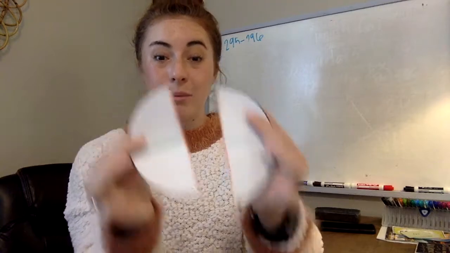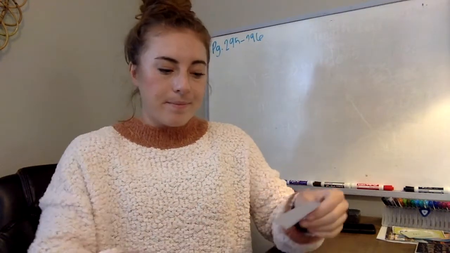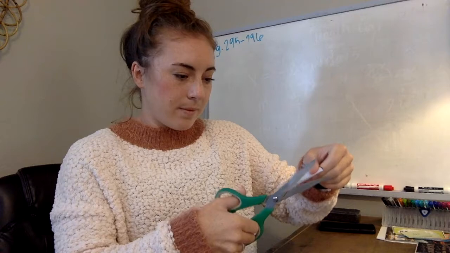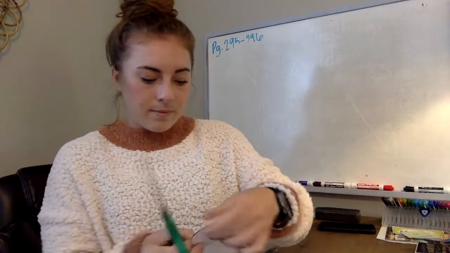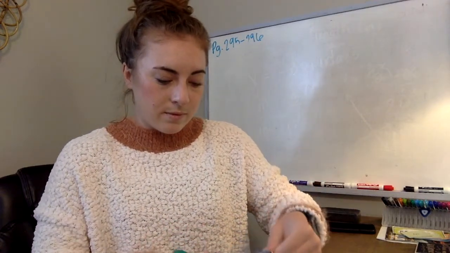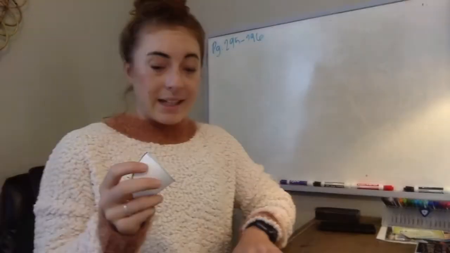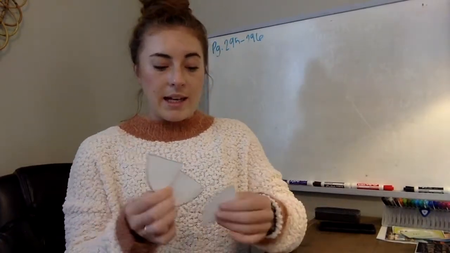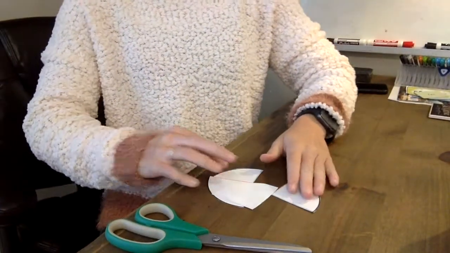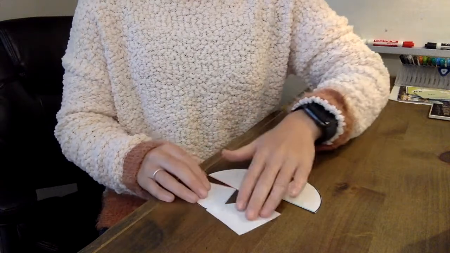That's pretty cool. Now, I'm going to take these 2 equal parts, and this time I'm going to cut them on their blue lines, okay? Now, I cut all of them on the blue line, and now I have 4 equal parts.